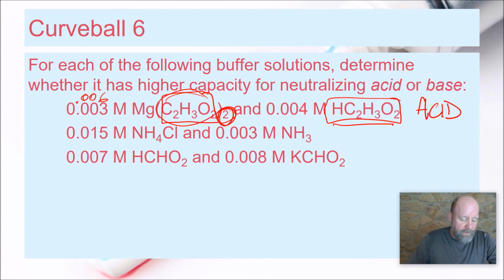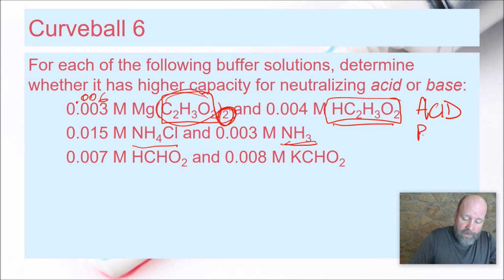The second one here, it looks like I've got 0.015 molar of this guy and 0.003 molar of this guy. It looks like the guy on the left here, this NH4Cl, has another hydrogen, which means I passed a hydrogen over there. So that's my conjugate acid to this base. So it looks like I've got more conjugate acid than I do base.